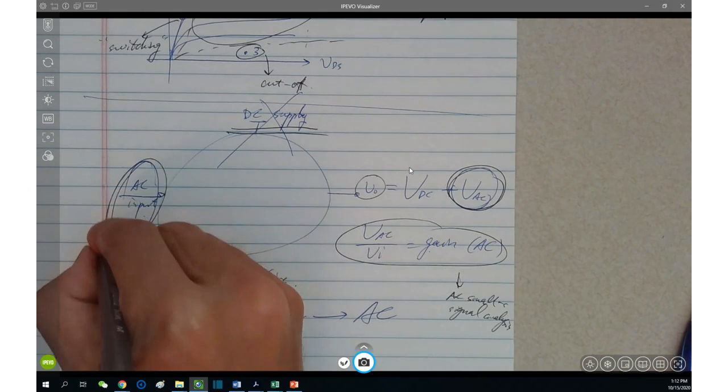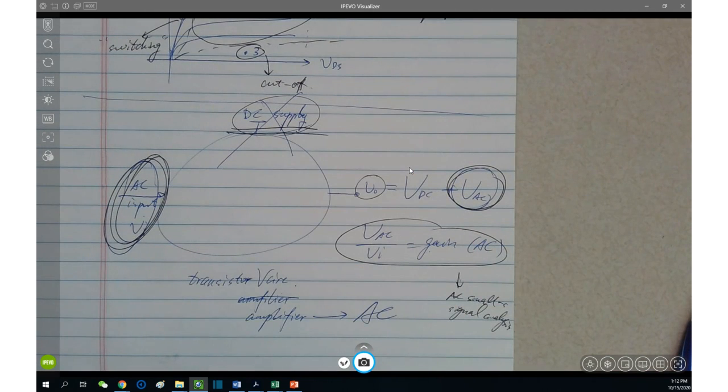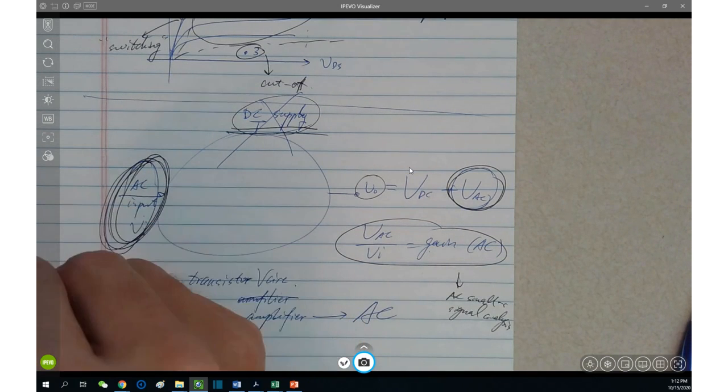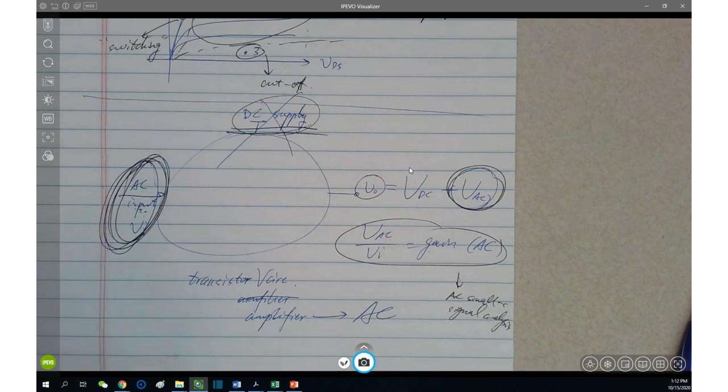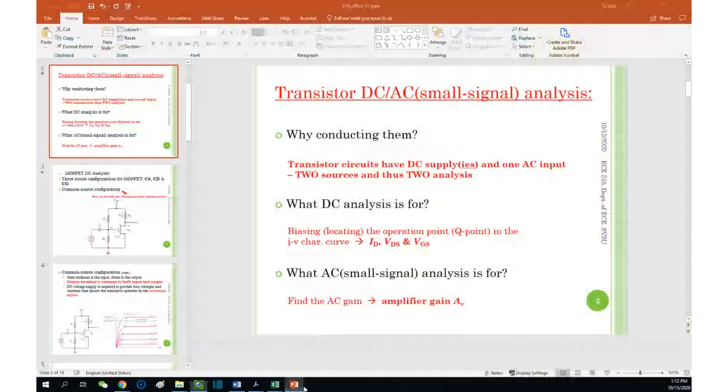You're amplifying the AC input. You're not amplifying the DC supply. Your output AC magnitude divided by the input AC small signal magnitude equals the gain. Does the concept make sense?